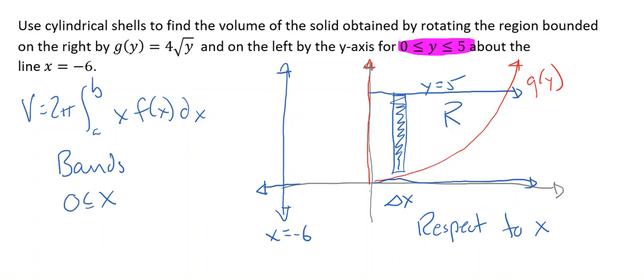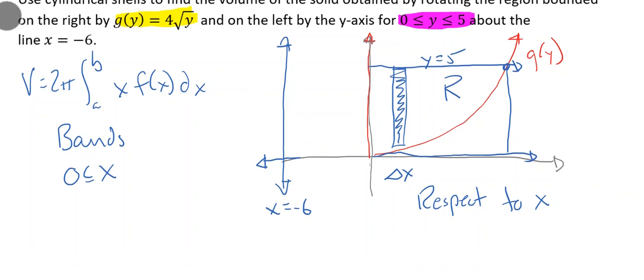And so we need to know where these two graphs meet right there to find what this bound on the x-axis is going to be. So you can use Desmos to do that, or you can simply set the two equations equal to each other. But what we want to do first of all is take this equation and solve it for y so that it's in terms of x.